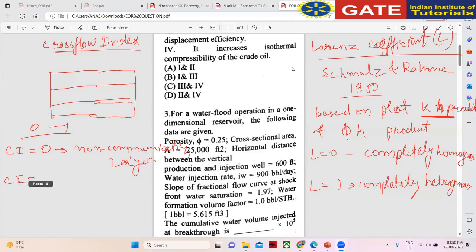And if cross flow index is equal to 1, it means your layers will be communicating.